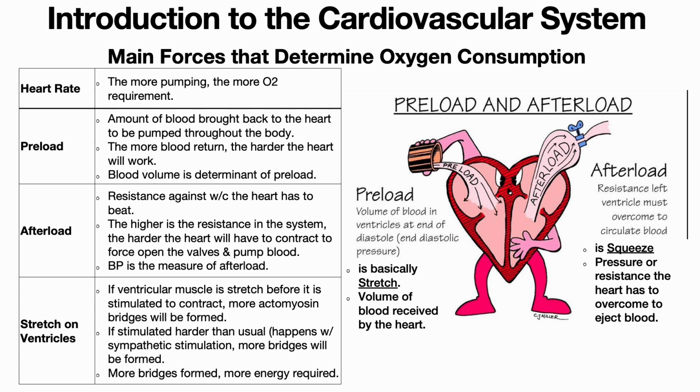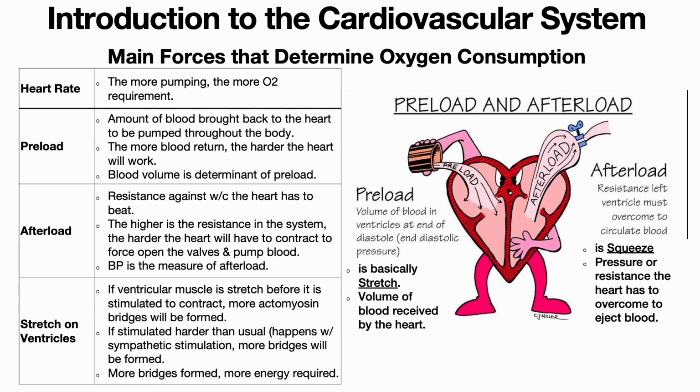Then the afterload. So this is resistance against which the heart has to beat. The higher is the resistance in the system, the harder the heart will have to contract to force open the valves and pump blood. So the blood pressure is the measure of afterload.